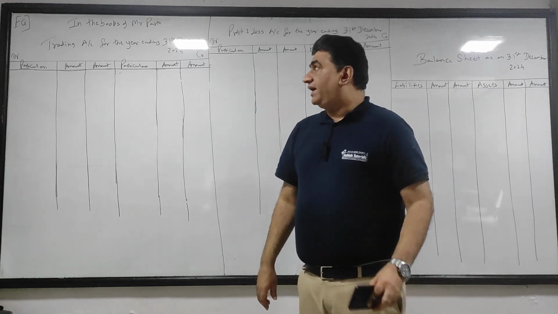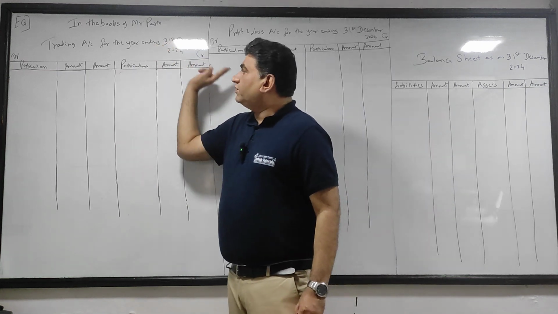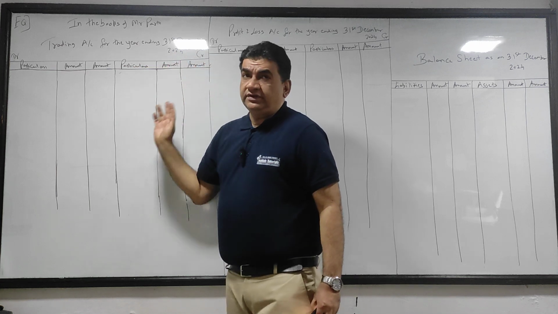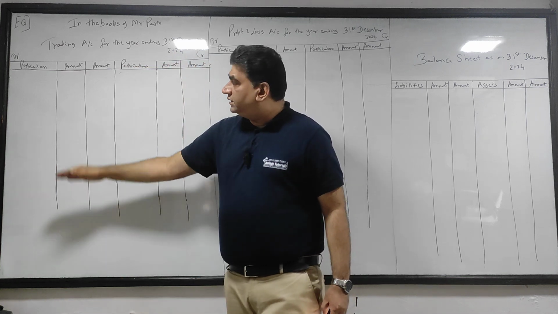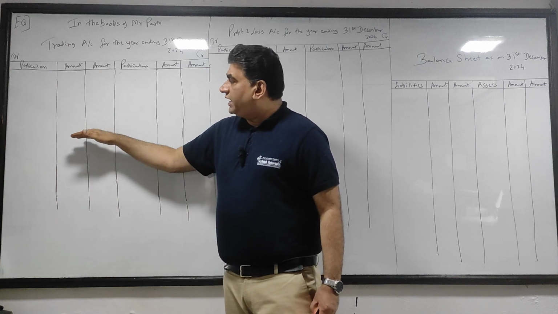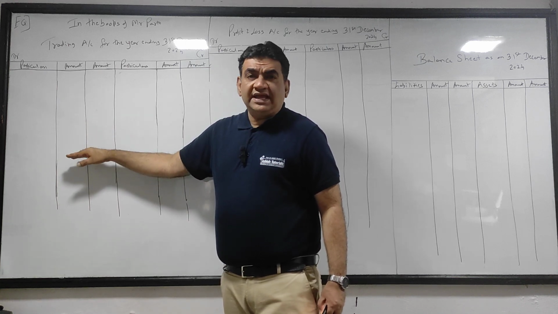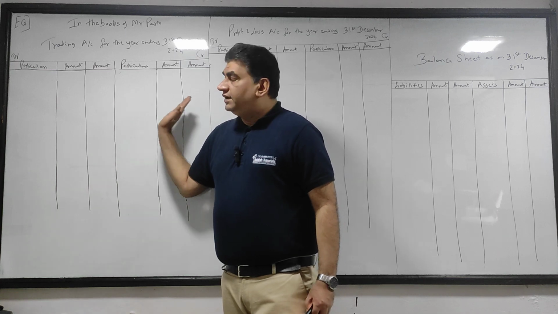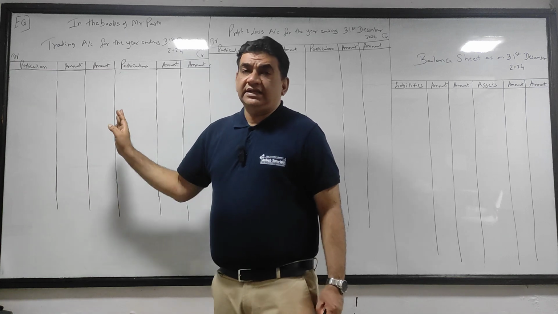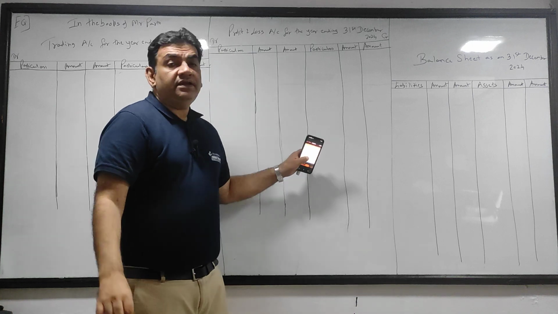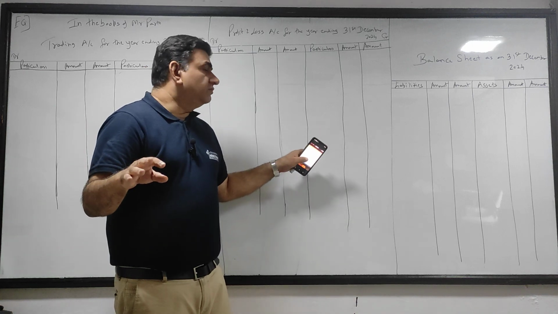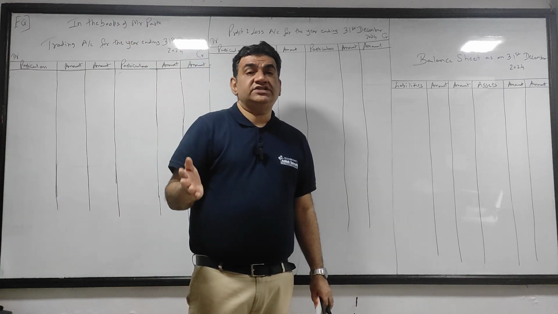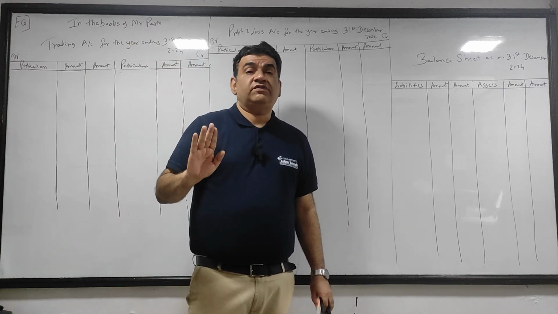Now see guys, the format. In the books of Parth, trading account for the year ending 31st December 24. Now if you want, on the first page you can make around 12 lines of trading account, and below that P&L, and on one page trading account of 12-15 lines, next page P&L account of around 15 lines, but going ahead where there are more adjustments you will need a full page for P&L.